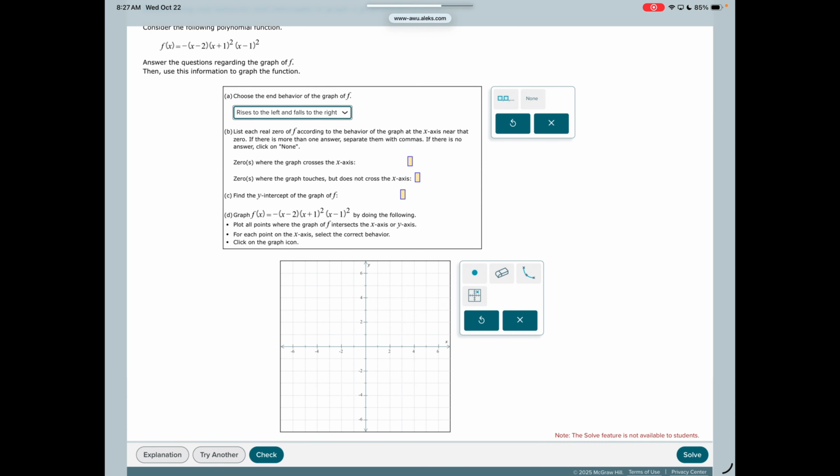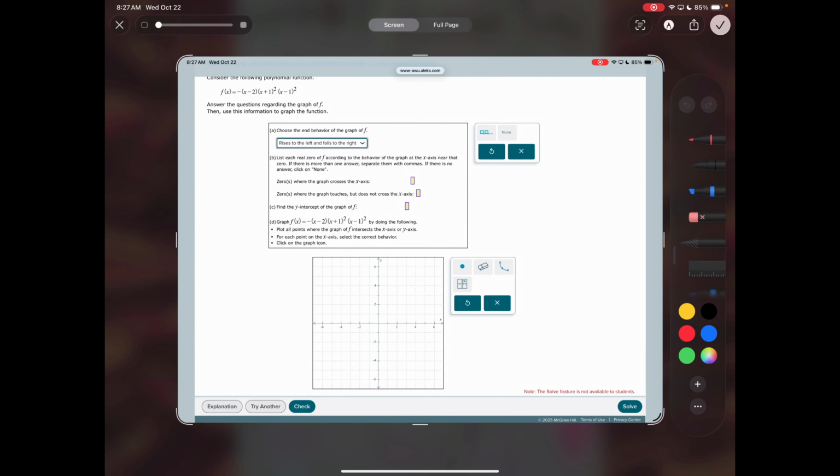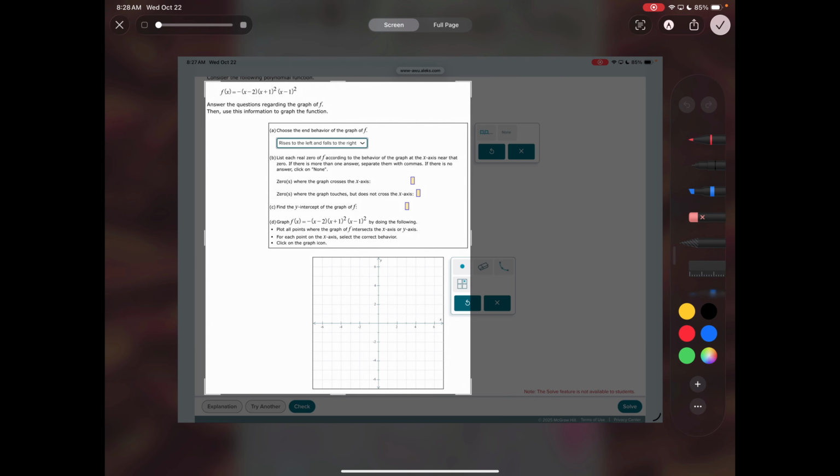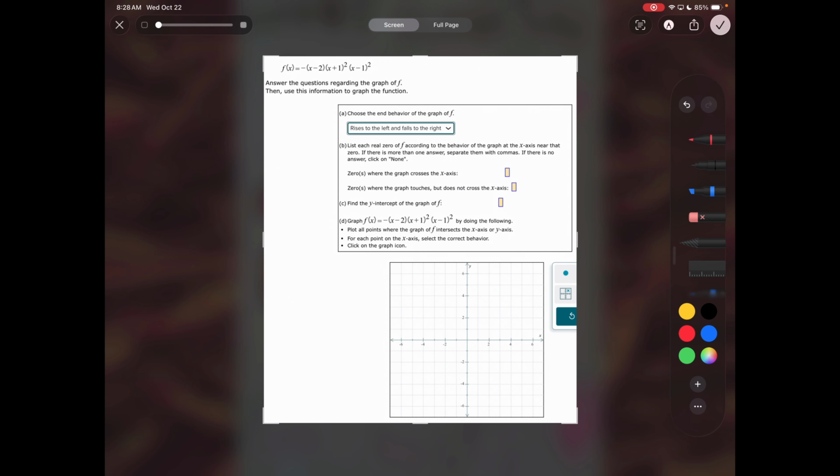Let me try this again real quick here. Okay. Rises to the left, falls to the right would create that negative shape, right? Okay. So now we're on the same page there.